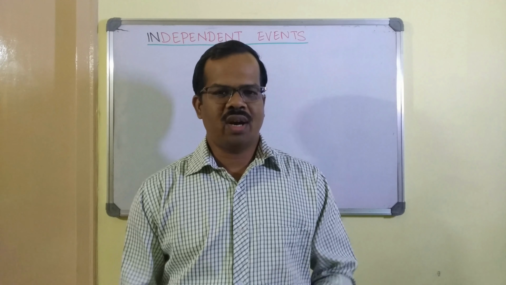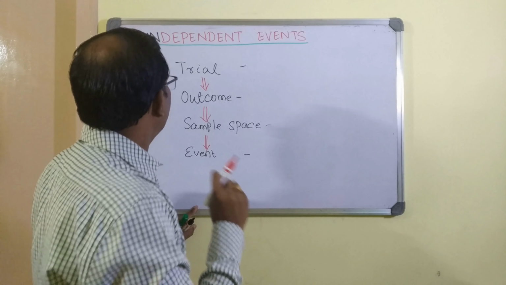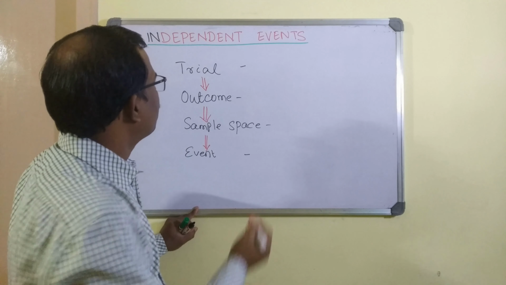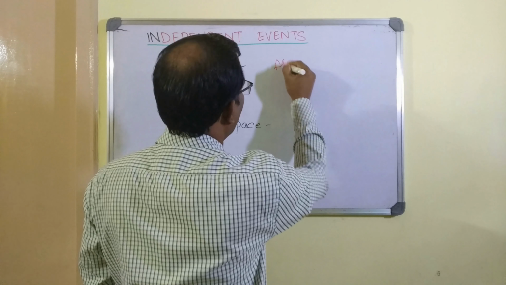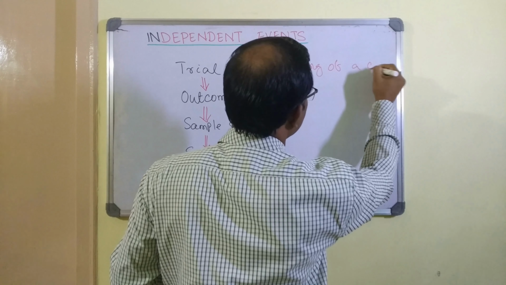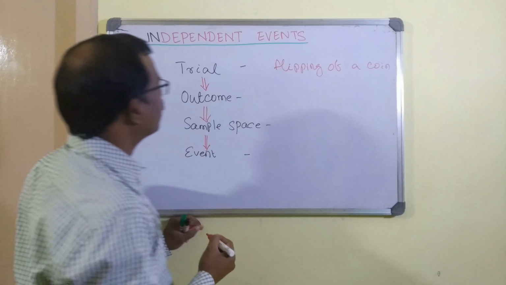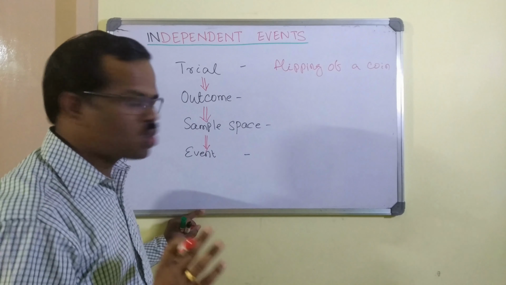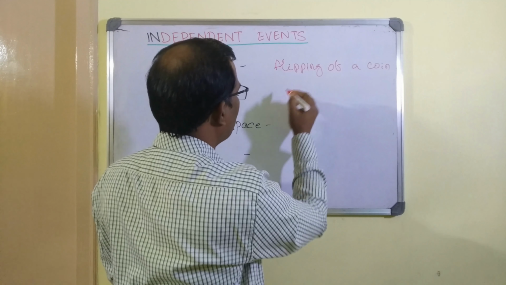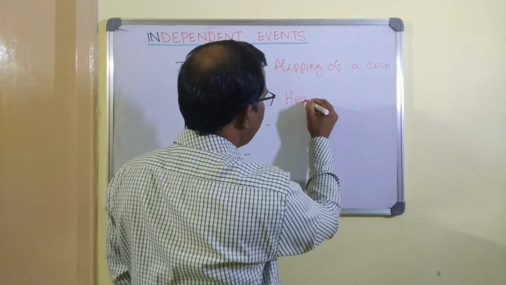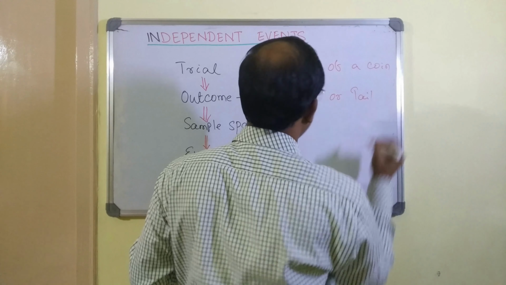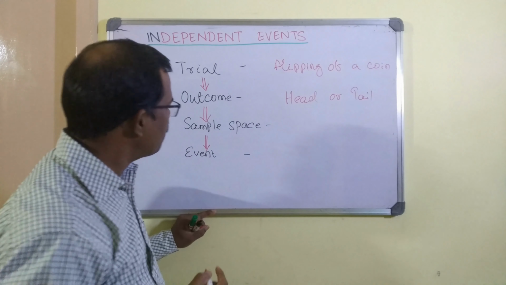Okay, let's start. So far we have learned about a trial, any experiment, for example, flipping of a coin. The trial will give rise to some outcomes. For example, if I flip a coin, I may get a head or a tail. So these are two different outcomes.